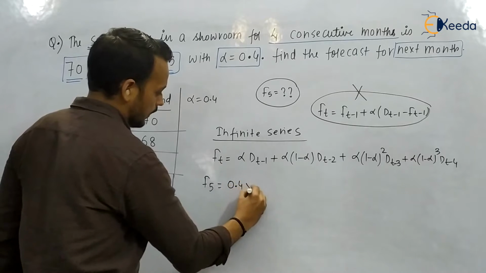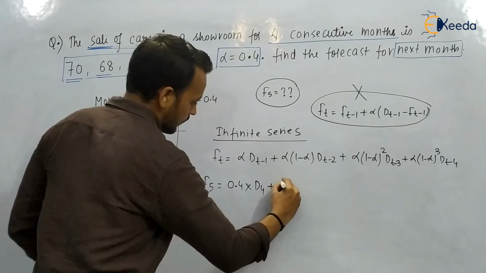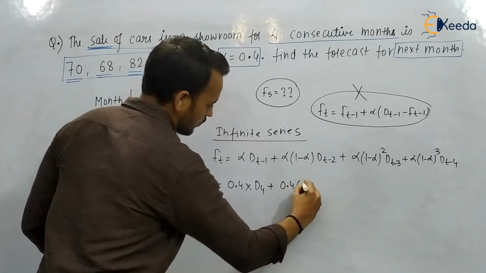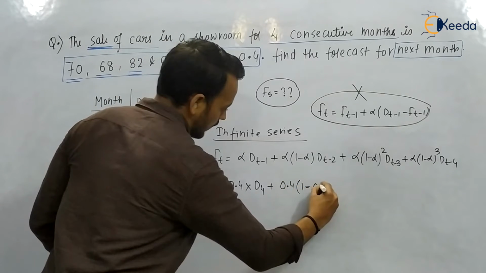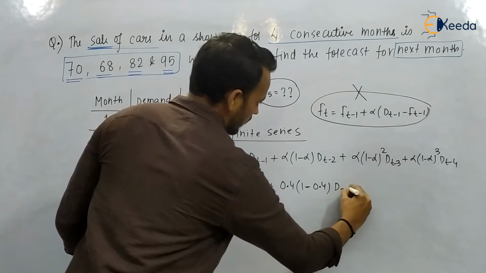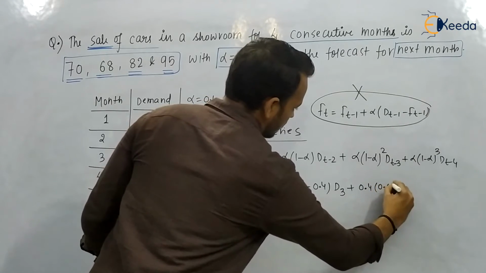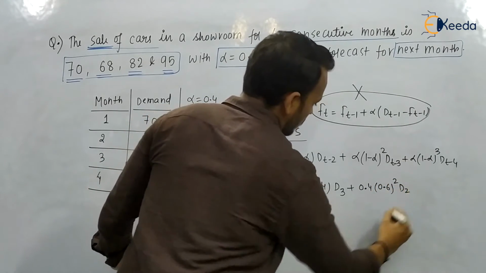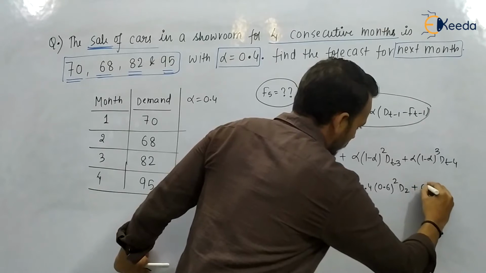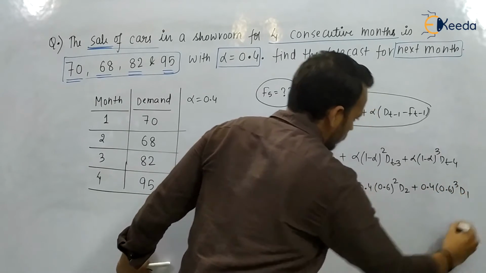Alpha is 0.4, so F5 = 0.4 D4 + 0.4 into 0.6 D3, since 1 minus 0.4 is 0.6, + 0.4 into 0.6 square D2 + 0.4 into 0.6 cube D1.